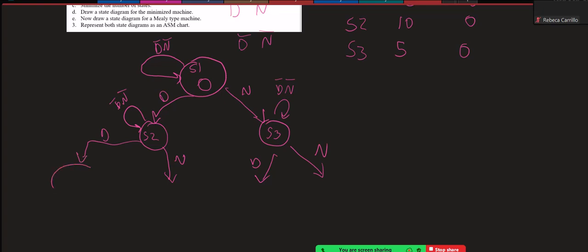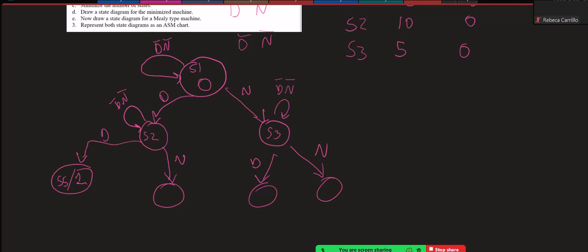I think they're going to be different states. Let's see. If I add a dime to S2, then I'm going to go to what I'm going to call S5. And will that one have an output of something? Yeah, that one will have an output.